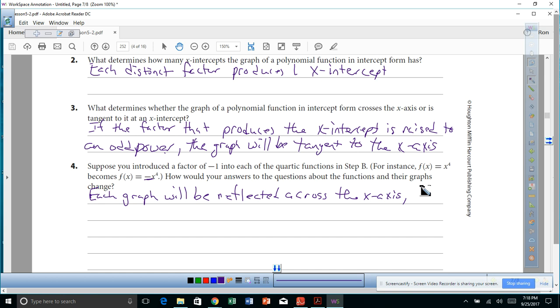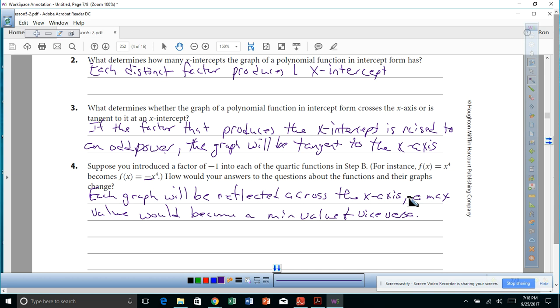So a max value would become a minimum value, and vice versa. This would change the answers to the questions about global and local maximum values.